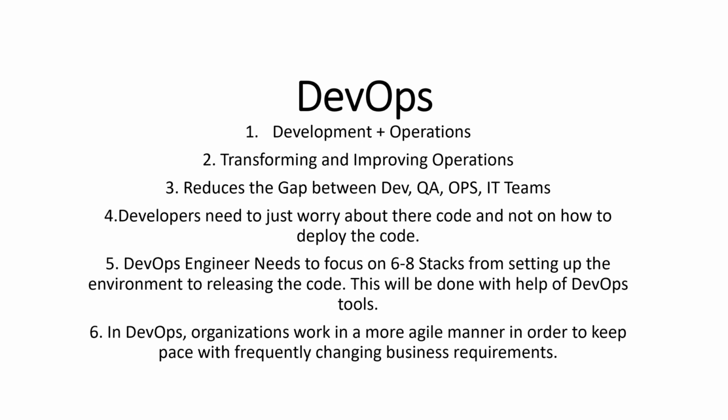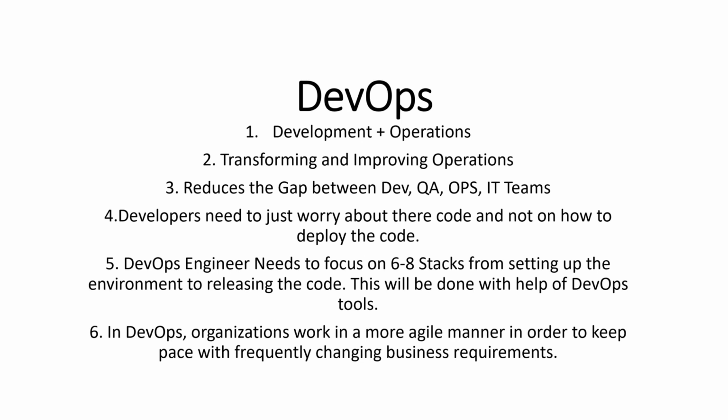Now, there is a comparison between DevOps and Agile. DevOps is basically a culture and Agile is a methodology. In DevOps, you need to follow this culture so as to effectively release your code without any delays.